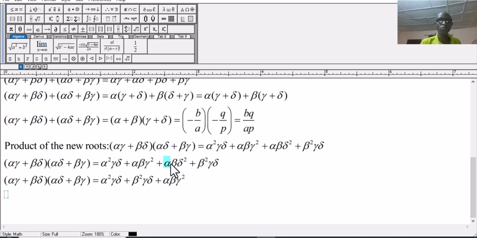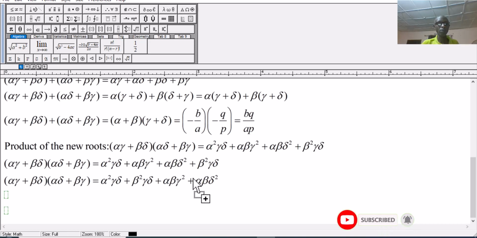All we are trying to do is simplify it so that it will look easier for us to put in our sum of roots and product of roots. That's all I'm trying to do now.